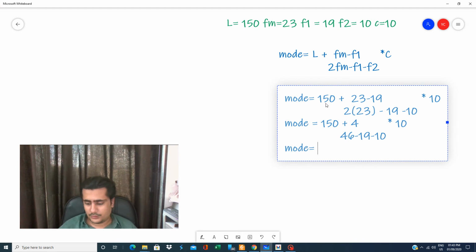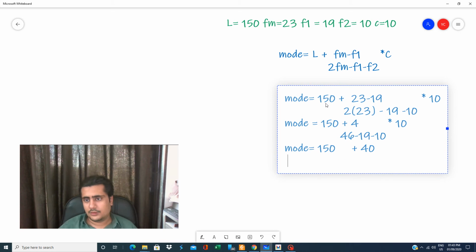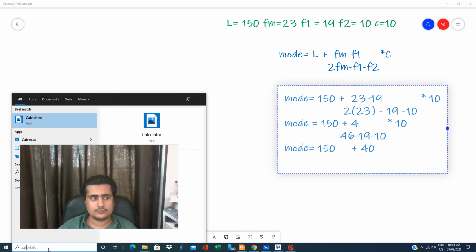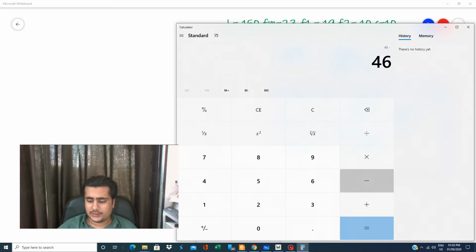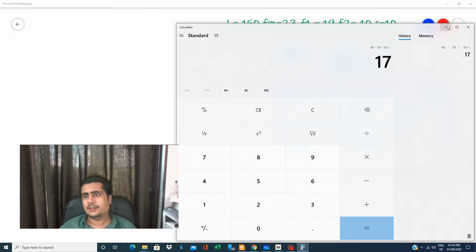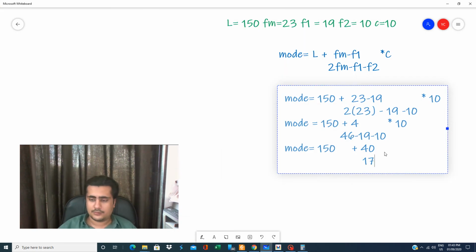So mode is equal to 150 plus 40 upon, now 46 minus 19 minus 10, that is 17, into 10.